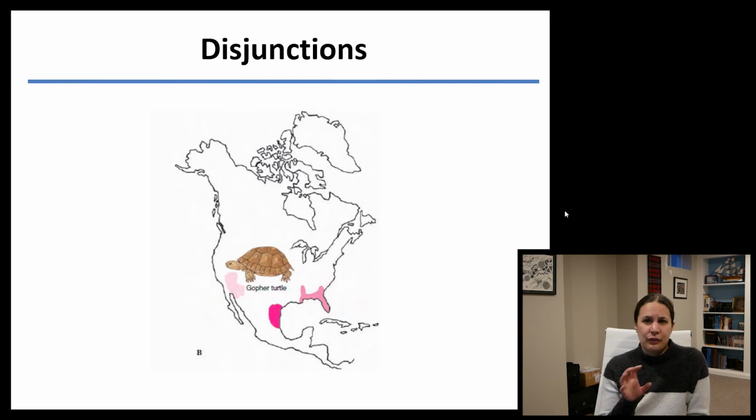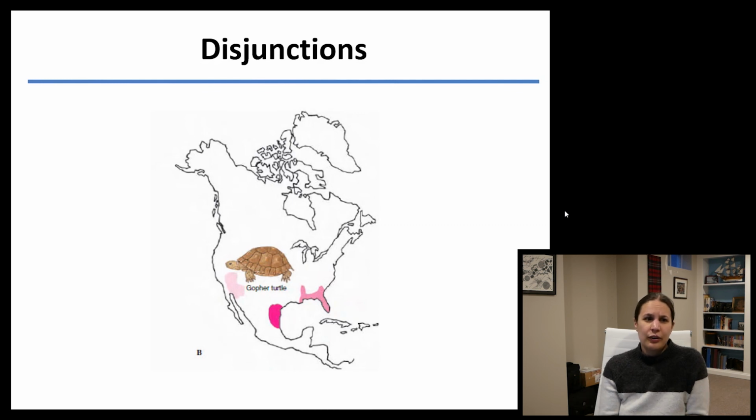So knowing that about the turtle, I look at this distribution. We have different shades of pink that tell us we have different subpopulations or subspecies. What that suggests to me is that this might have been, at one point in its history, a continuous distribution.